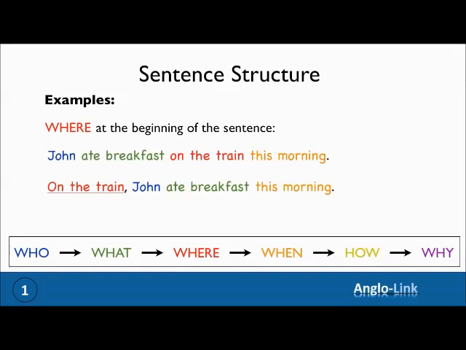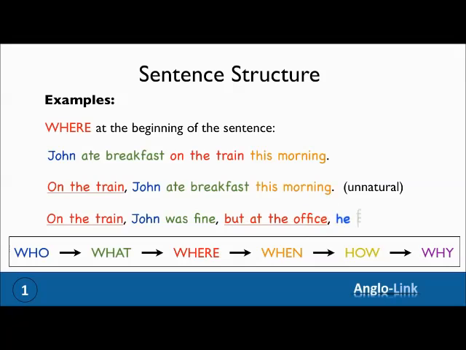On the train, John ate breakfast this morning, because there's no reason to emphasize this element. It's unnatural. However, if we contrast on the train with another place, for example, at the office, then we have a good reason to put this element at the beginning of the sentence.